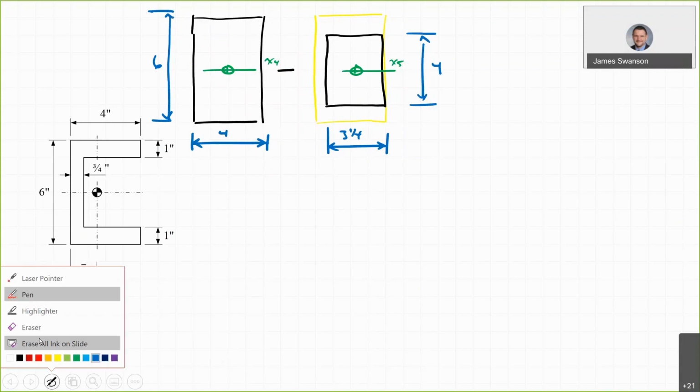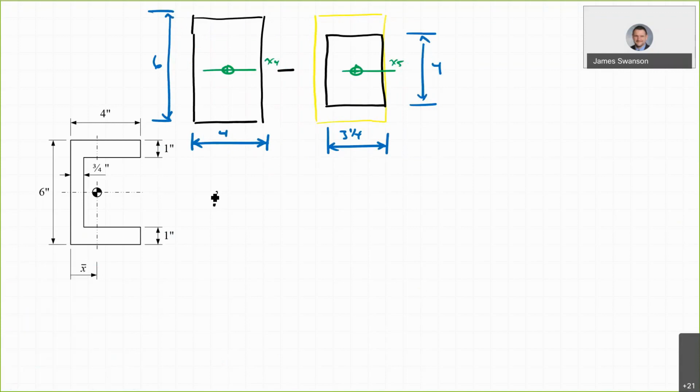So what I can do then, I can take I sub x4 is equal to base times height cubed over 12. So base is 4, height is 6, cube that divided by 12. And so let's see, 6 cubed, 4 times, 12 divided, is 72 inches fourth.